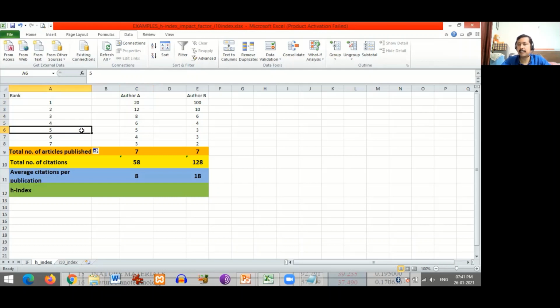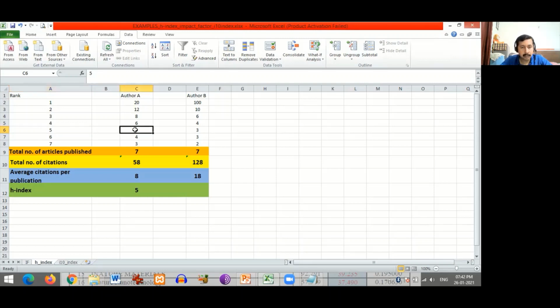5 is equal to 5. Therefore, I'll stop here and I'll consider 5 as the H index of this particular author. So 5 is the H index. This means that author A has 5 articles having 5 or more citations.